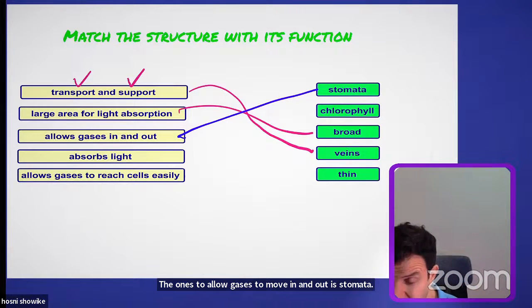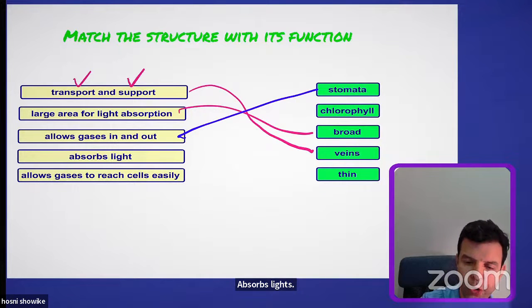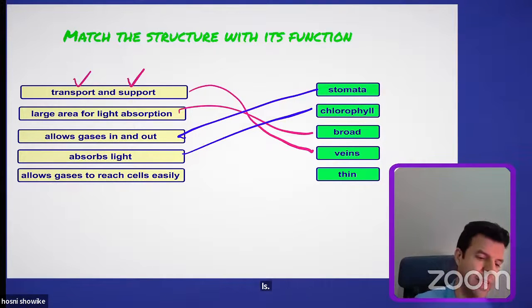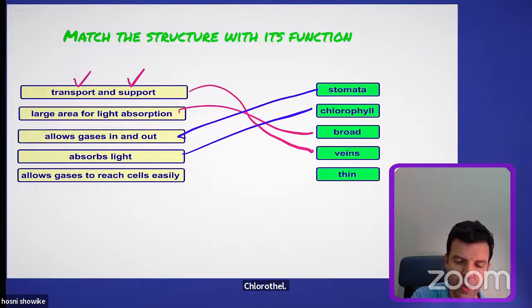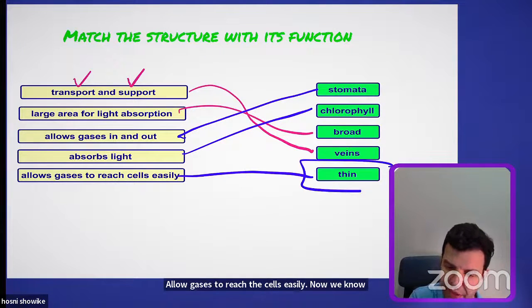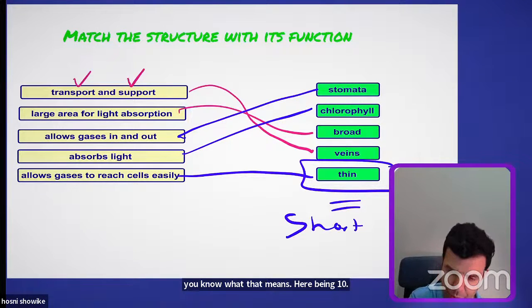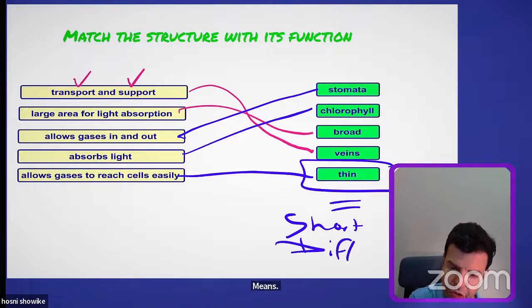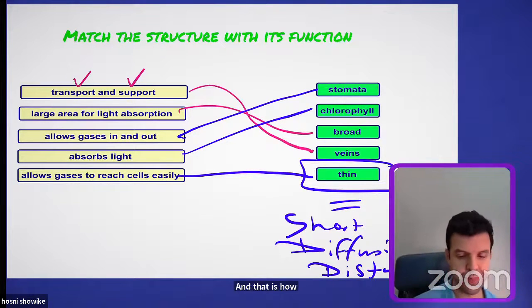Absorbs light is chlorophyll. Allow gases to reach the cells easily. Do you know what that means here? Being thin means a short diffusion distance. Do you remember this? And that is how gases diffuse quite rapidly. Good.